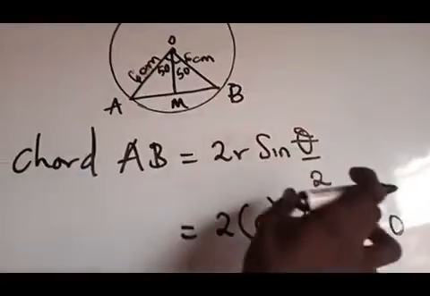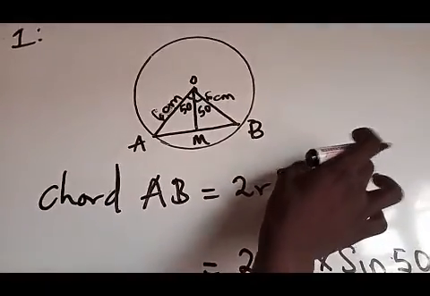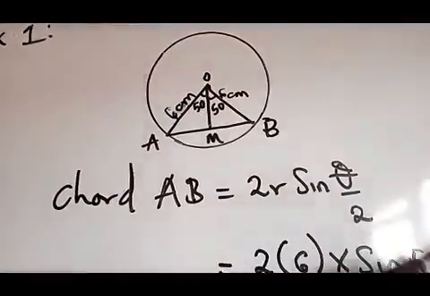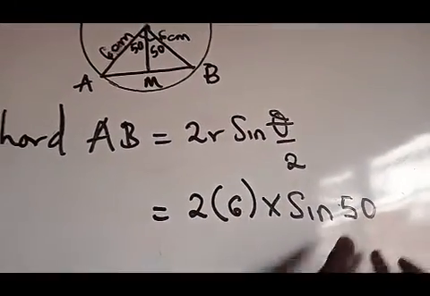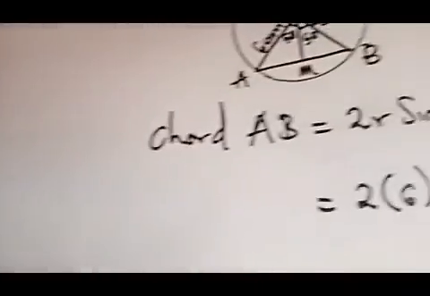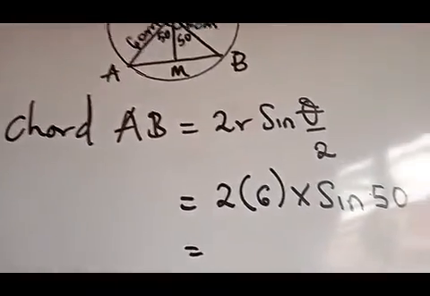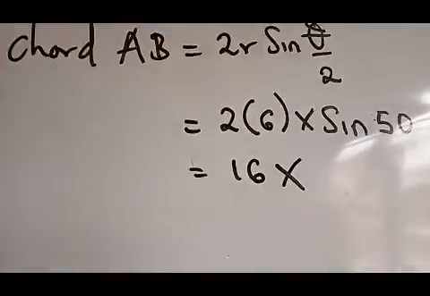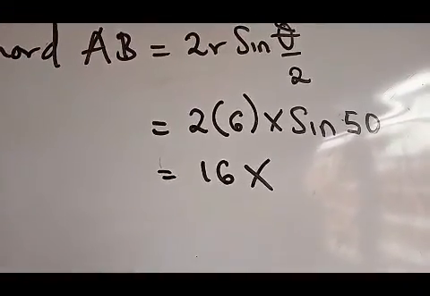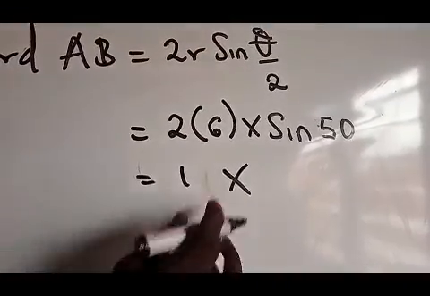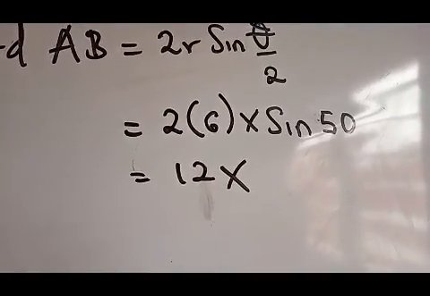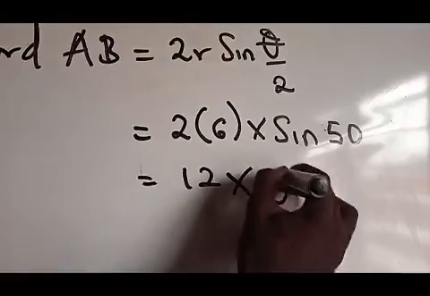Since we've divided the theta into two parts, which gives us 50, that's why we have 50 here, like we did in the formula. So 2 times 6 gives us 12, multiplied by sin 50. Sin 50 gives us 0.7660.